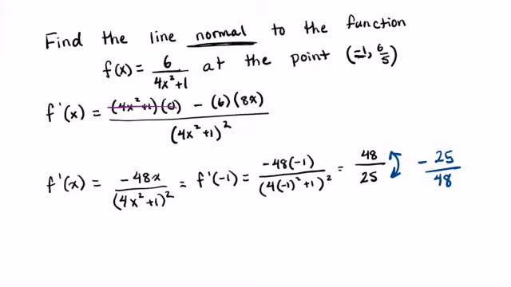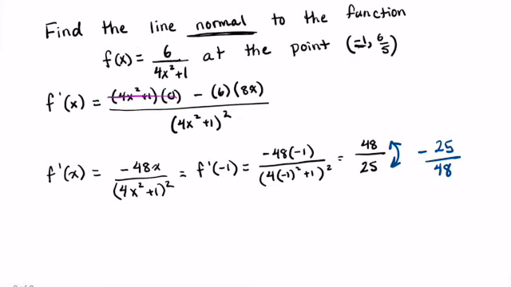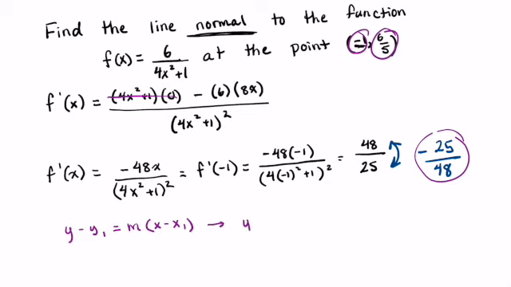So now, at this point, we can take our point slope formula, y minus y1 equals m times x minus x1, and we can plug in our x value, our y value, and now our slope into the point slope formula, and we can get our normal line. So I have y minus 6 over 5 equals negative 25 over 48 times x minus x1. Go ahead and start simplifying this.